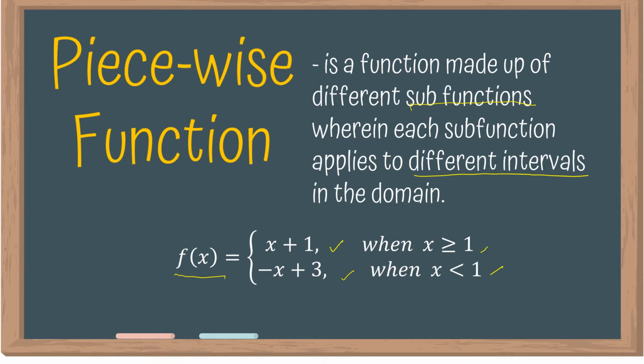Dito, meron tayong dalawang subfunctions na i-apply depende sa value ng ating x. Like in this case, we will apply x plus 1 when the value of x is greater than or equal to 1, and we're going to apply our second subfunction, negative x plus 3, if the value of x is less than 1.